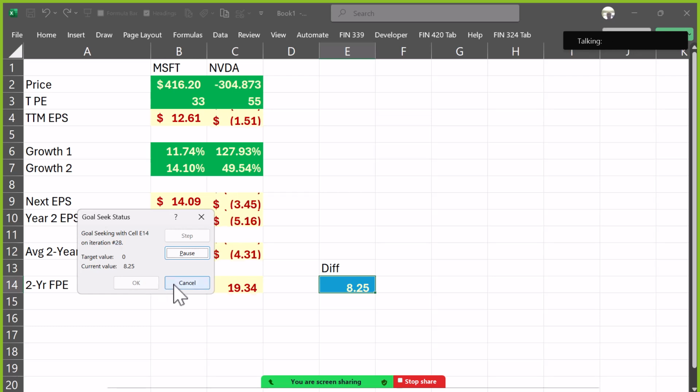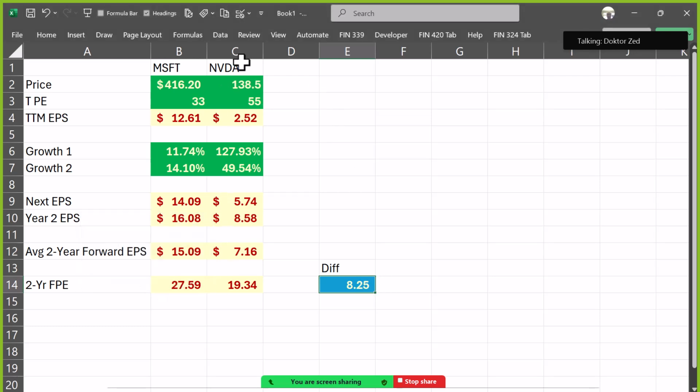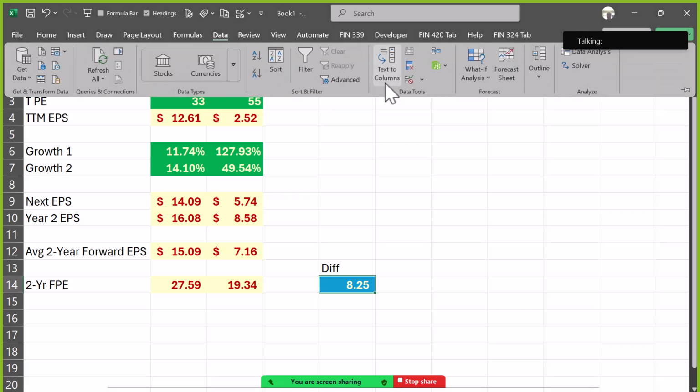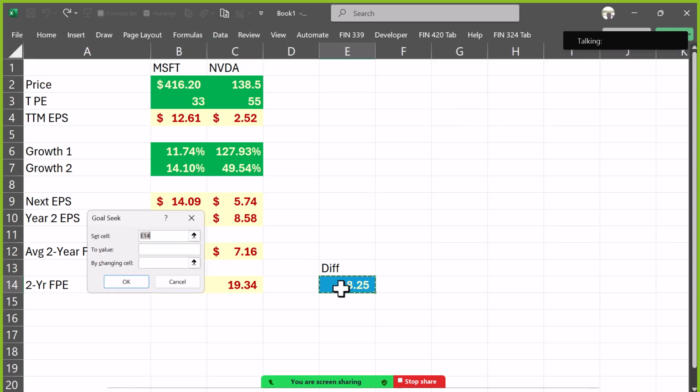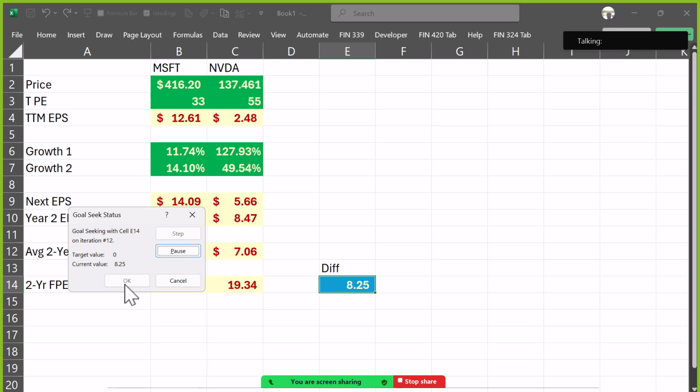Oops, I think I selected the wrong targets. Yeah, make that 0. Why changing the NVIDIA price? Why is it not happening?